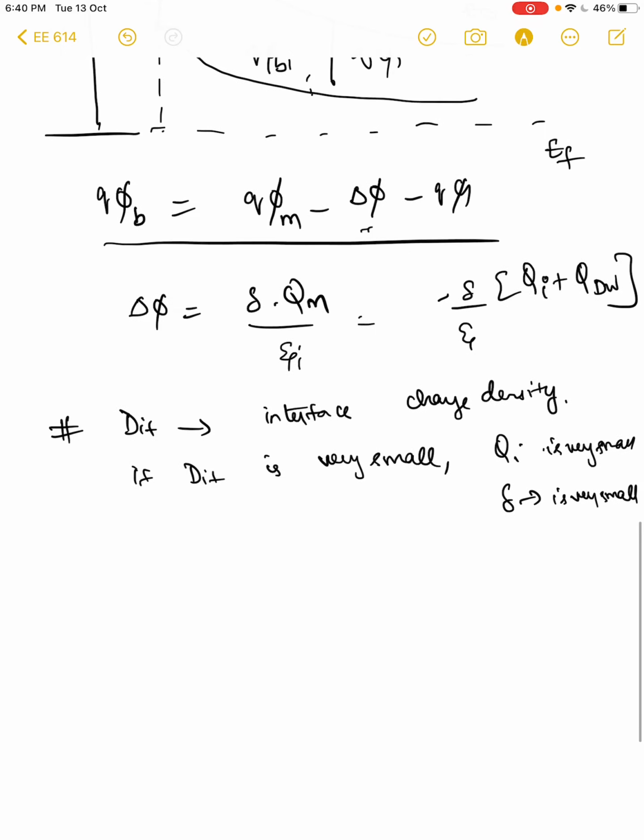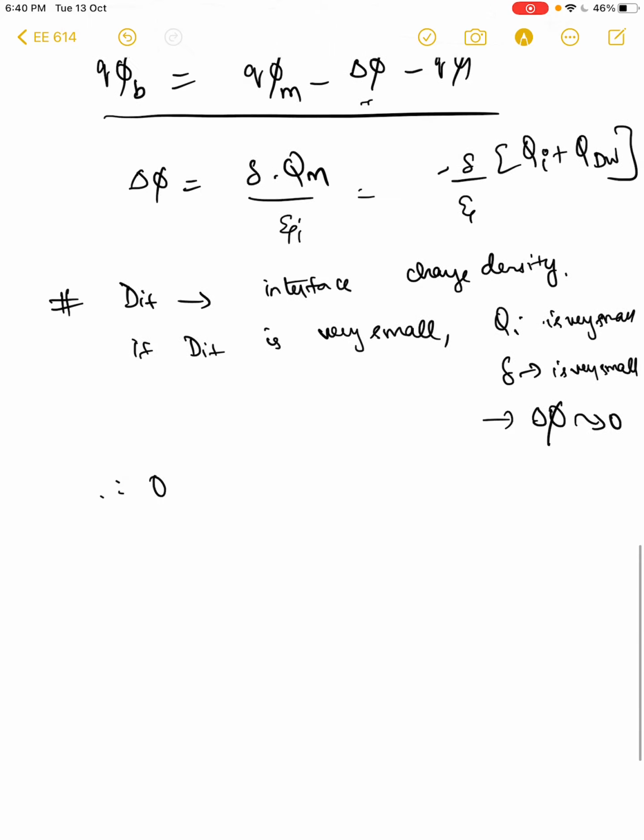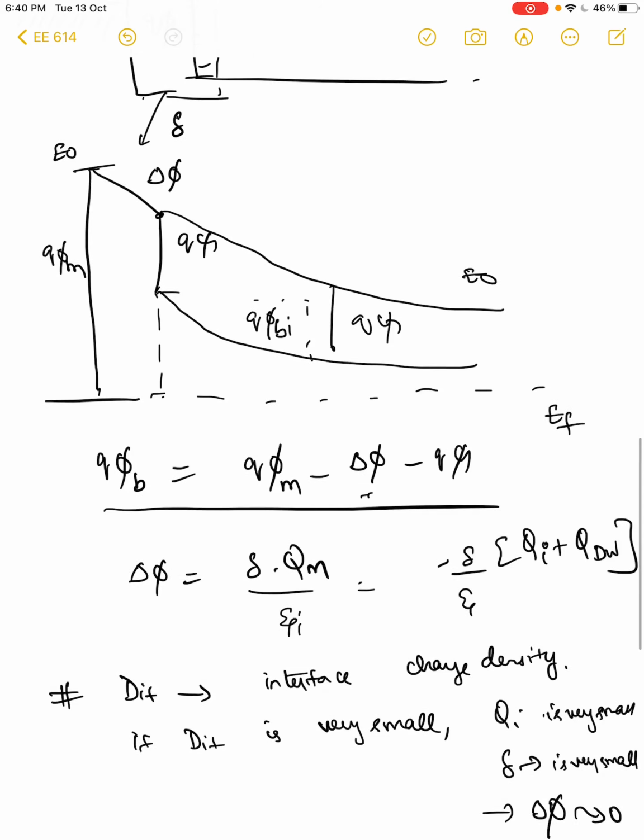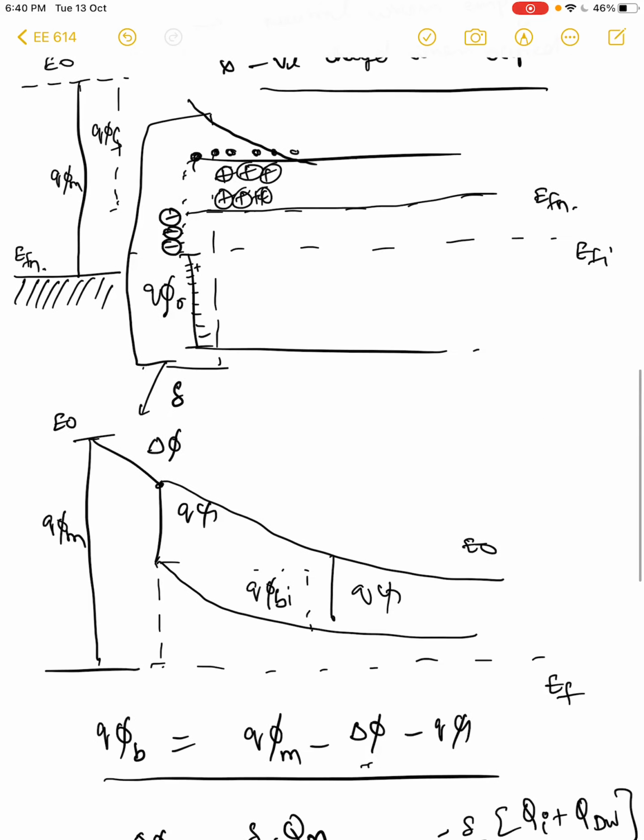So this will give us my del psi tending to 0. Therefore your Q psi B will go back to our previous calculation that we saw last time, psi m minus chi. So this will go to the standard semiconductor band structure that we saw before in the absence of interface states. If the density of the interface states is very small, you will go back to the trivial case, right?